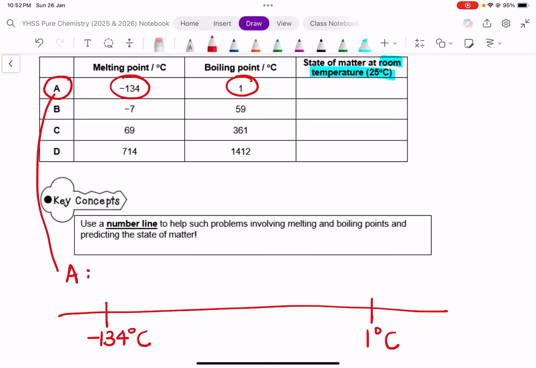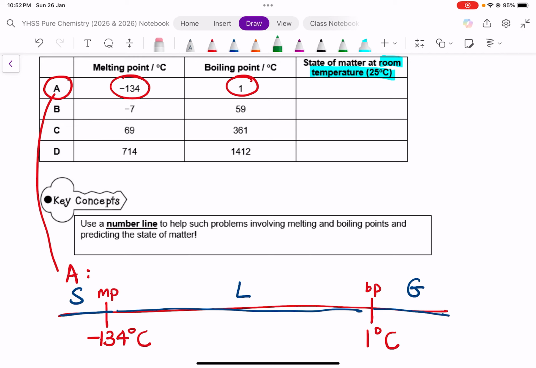Now, after I've marked out the melting point and boiling point, I basically have 3 segments to this graph. Solid on the left, liquid in the middle, gas on the right. So this neatly divides my number line into 3 segments: solid, liquid, gas.